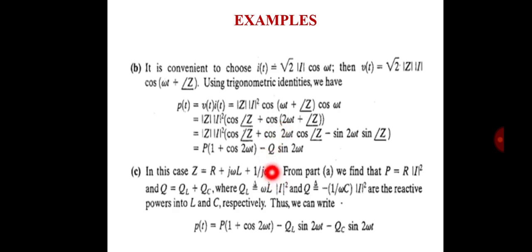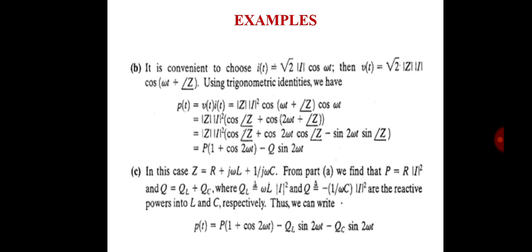Here we consider the circuit with RLC components. From part A we find that P is equal to R I square and Q is equal to QL plus QC. Now QL is equal to omega L I square and QC is equal to minus 1 upon omega C into I square, the reactive power in L and C respectively.